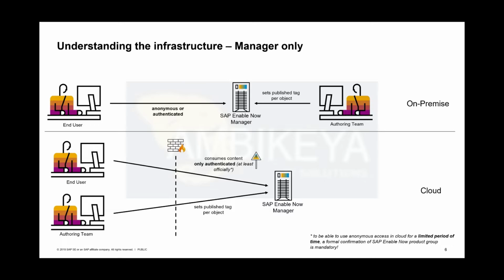Understanding the infrastructure for Manager only. The top row, on premise, shows the most simple infrastructure that we have in place, and that's basically the most common one in the very beginning of a project.